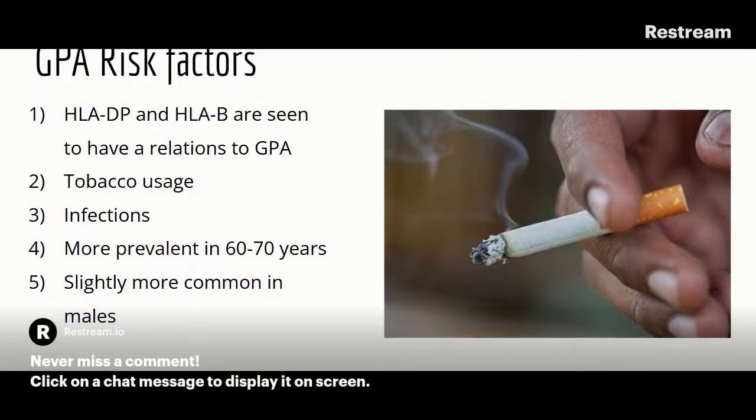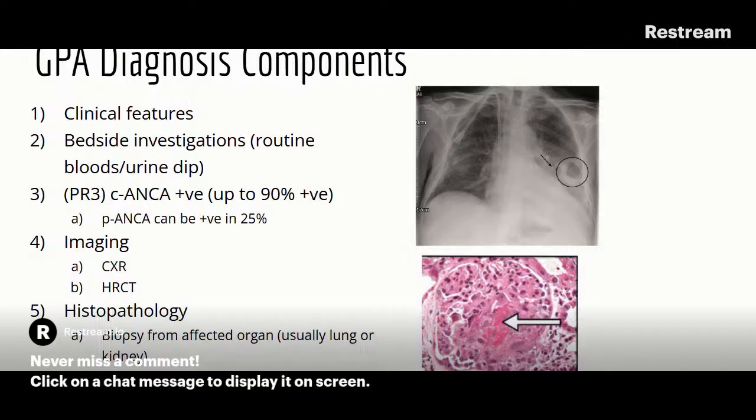Some pre-existing infections can be shown to have long-term damage. So not a current infection, but a long-standing infection that was treated a while ago. It's more prevalent in older years. You're not expecting to see GPA in someone who's 30 years old, and it is slightly more common in males and men. So how do we diagnose it?